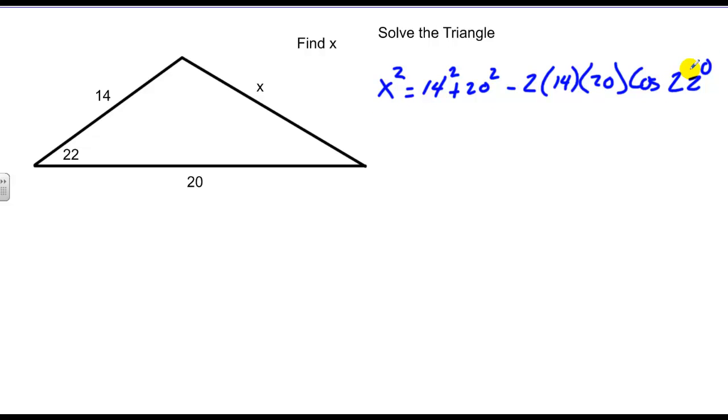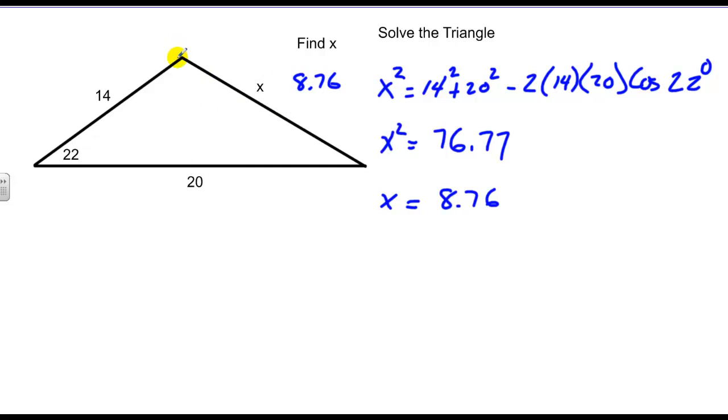Plugging all that into a calculator, we get x squared equaling about 76.77. So x is equal to roughly 8.76. So this side here is 8.76.